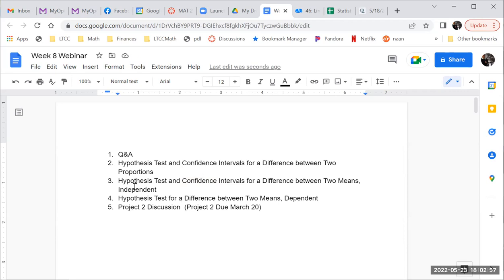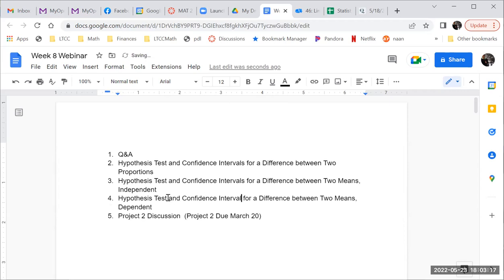And that's when we have what's called independent data. And that's kind of the main new thing that's going to happen today. We'll get into that, dependent data versus independent data. And then we'll look at hypothesis tests for the difference between two means when they are dependent, and also confidence intervals. Once you have one, it's easy to get to the other.